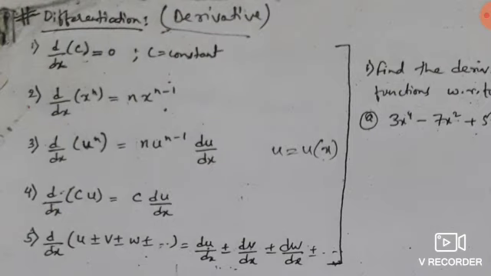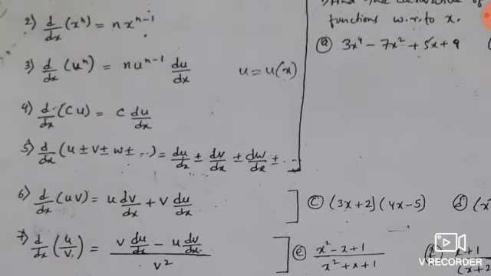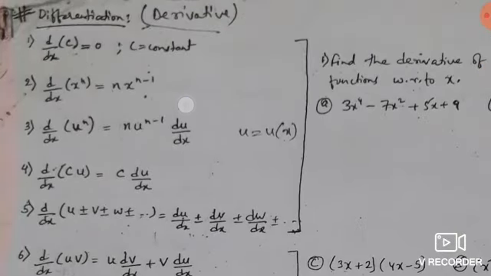Now you see point number 2. This formula is very important. D by dx of x to the power n: what will it give? This n will come in the front, and the power will be reduced by 1.